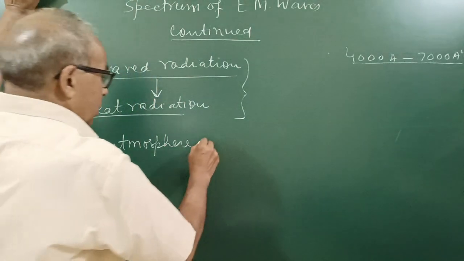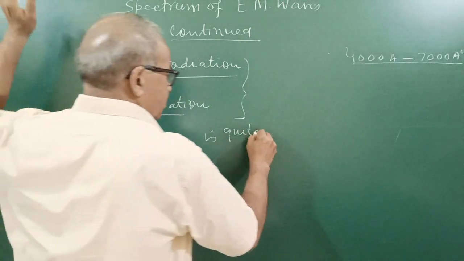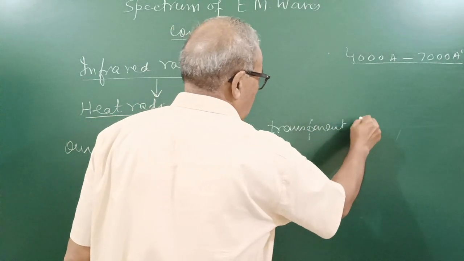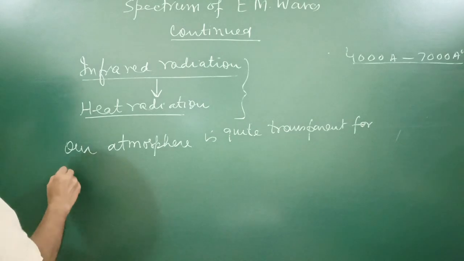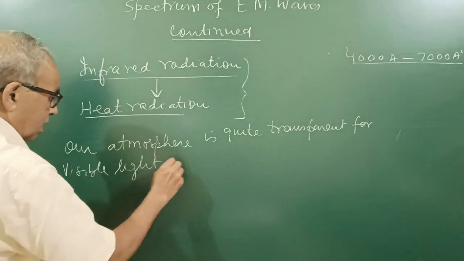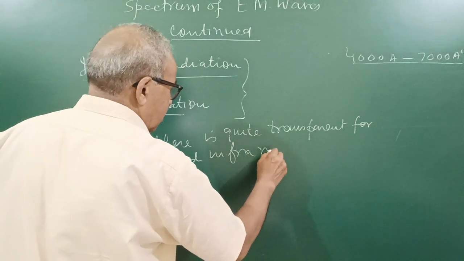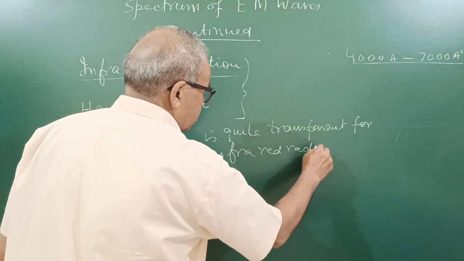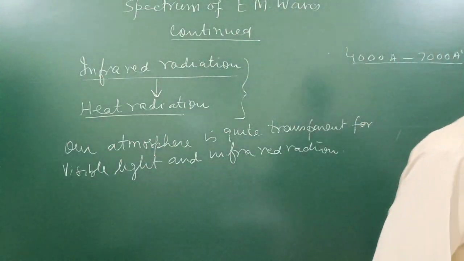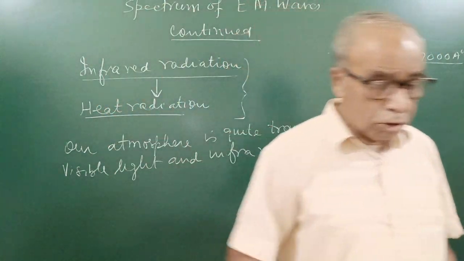So our atmosphere is quite transparent for visible light and infrared radiation. It means the heat radiation coming from the Sun towards Earth is not absorbed at all by the atmosphere.